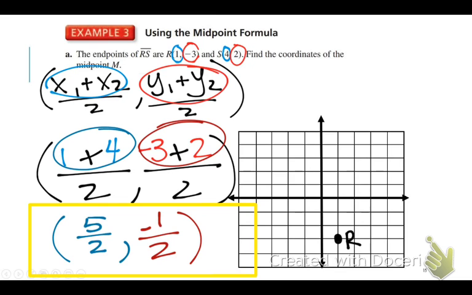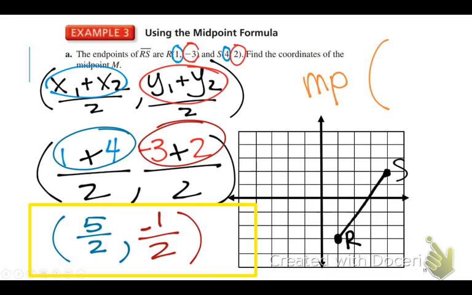To the right 4, and then up 2. Then connect the dots to the best of your ability. It's good enough. So we found the midpoint. What did we say the midpoint was?